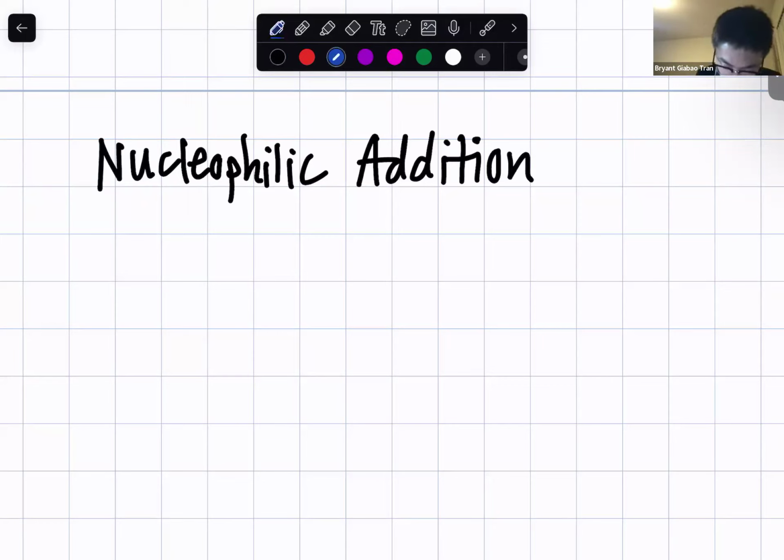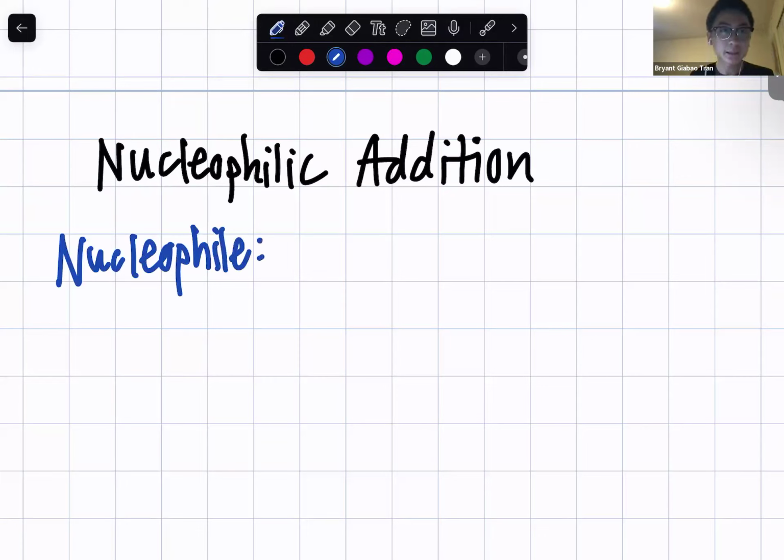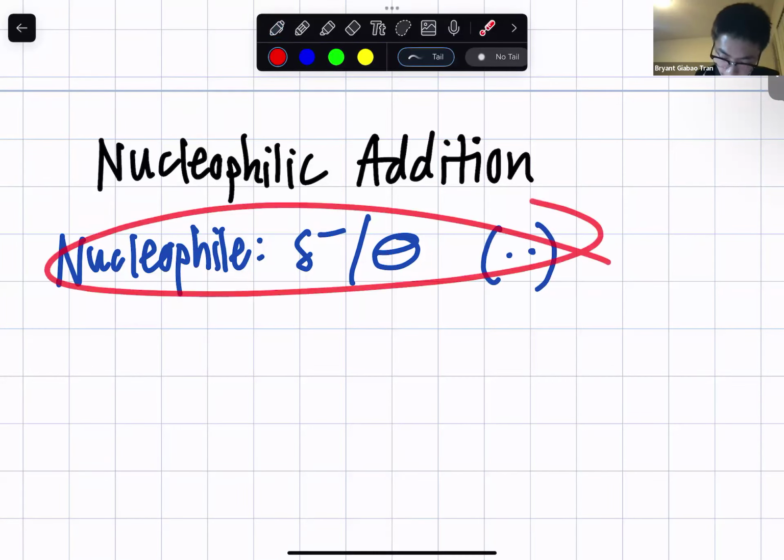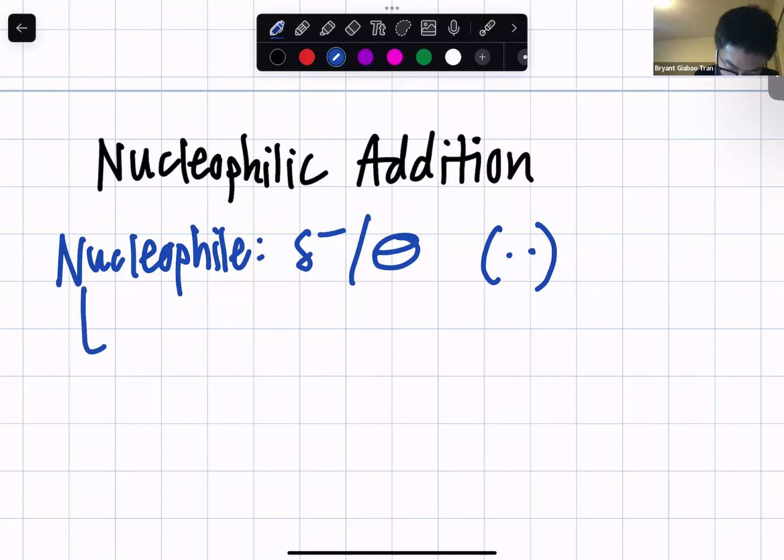A nucleophile is going to be any species, an atom, or a molecule that is partially negative charge or fully negative charge. They most likely have lone pairs of electrons on them as well, right? So that's a nucleophile. You could think of them as nucleus loving.